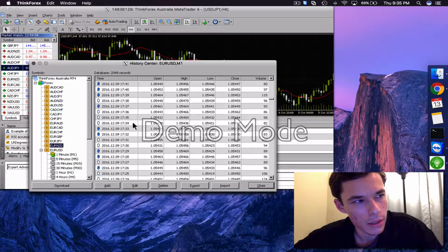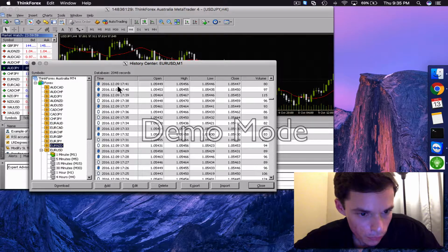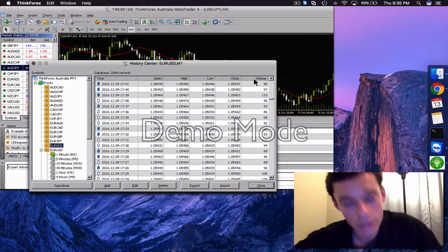Tick data is the differentiation or new information of price of each given unit while a trade within any given amount of time is happening. And so we could see here with time, December 9th, 2016, and here's the opening trade. Here's the opening, the high, the low, the close, and the volume.